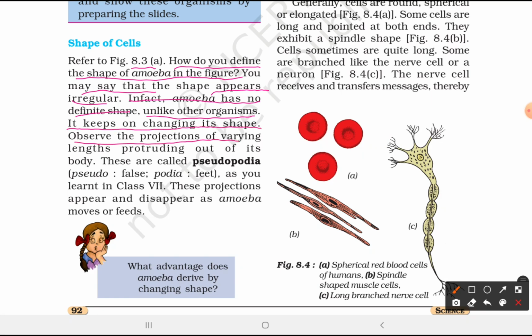Observe the projections of varying lengths protruding out of its body. They are called pseudopodia. Pseudo means false and podia means feet, as you learnt in class 7th. These projections appear and disappear as amoeba moves or feeds. What advantage does amoeba derive by changing shape?